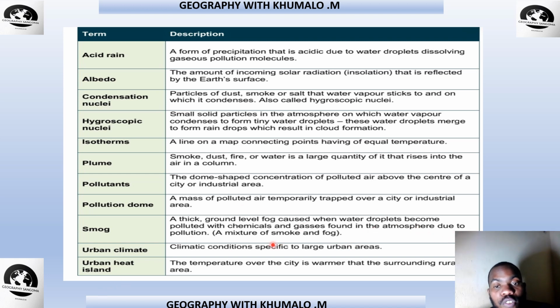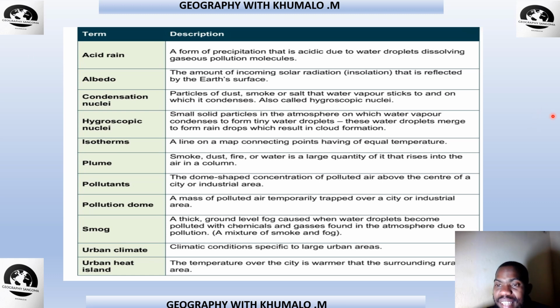The mixture of smoke and fog, it is smog. Then we've got urban climates. What are urban climates? The climatic conditions specific to a large urban area. Then we've got the last concept there, which is urban heat island. The temperature over the city is warmer than the surrounding rural areas.